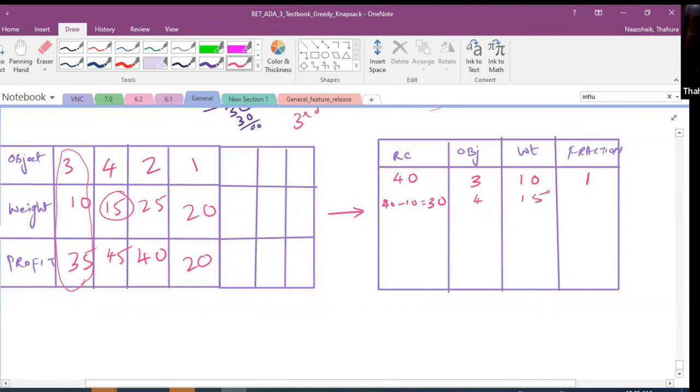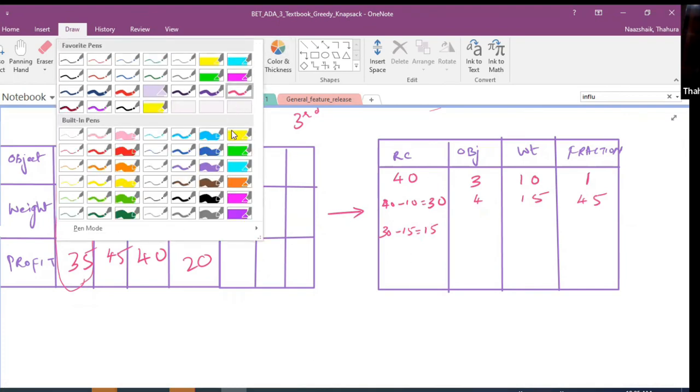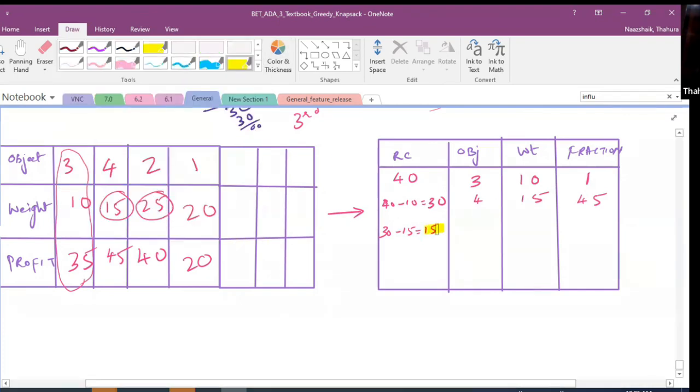So 4, 15, 45. Remaining capacity 30 minus 15. I'm checking whether the next one will fit in. This will not fit in, right? My remaining capacity is 15. If I pick the next one, the weight is 25. So I cannot fit it in. So I stop here.